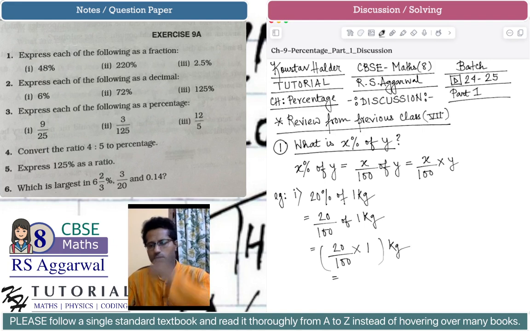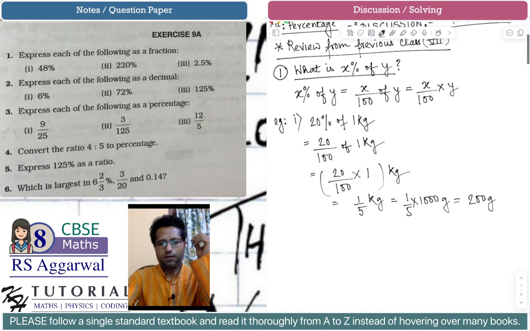So this is equal to 20 by 100 is 1/5, so 1 by 5 kg. Now you can convert this kg into gram, and it will be 1 by 5 multiplied by 1000 gram, which is equal to 200 gram.